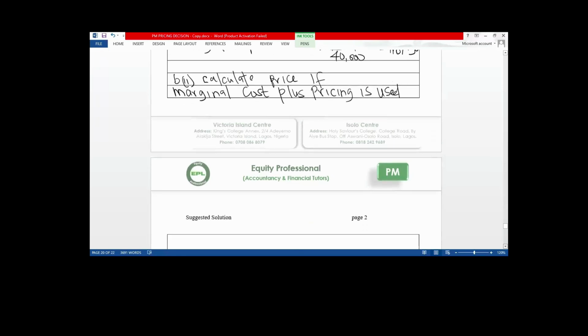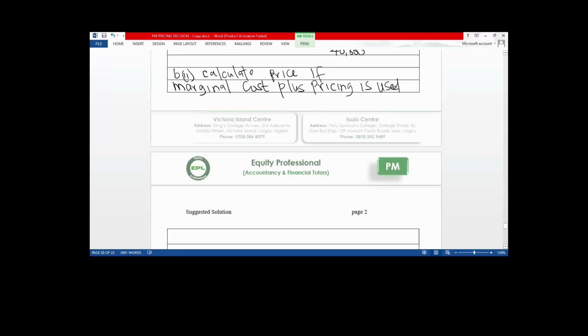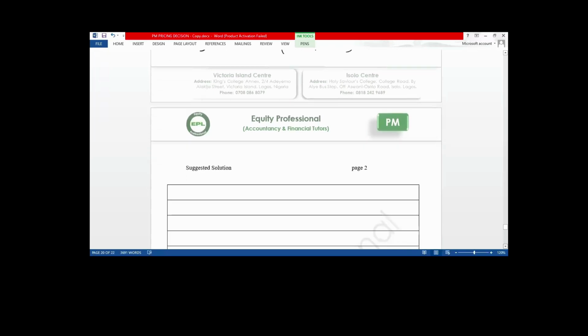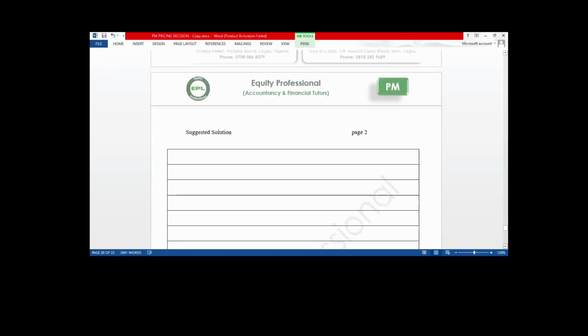We continue. Our total variable cost as calculated above is 2,400,000.